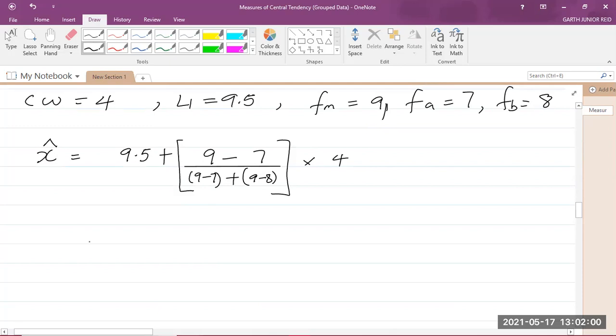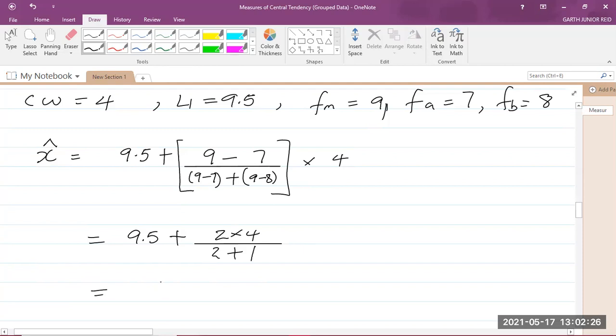So let's simplify. We have 9.5 plus 9 minus 7, which gives 2, multiplied by 4. That's 2 times 4 in the numerator. In the denominator I have 9 minus 7 is 2, plus 9 minus 8 is 1.